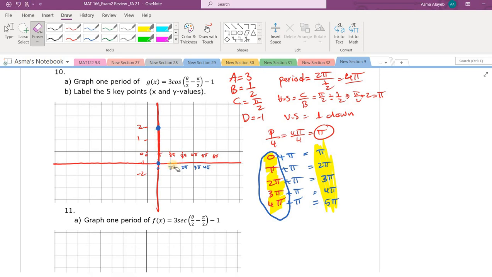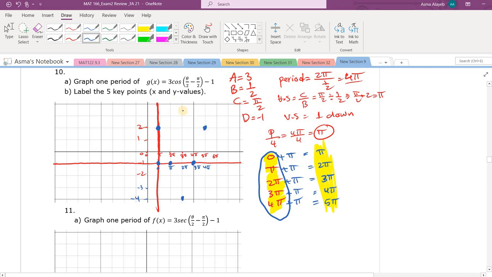And then I know that at π, it goes to 0. And then at 2π, it has to go 3 units down. So it's going to be here at -3, -4. And then at 3π, it has to be 0 again. At 4π, it has to go up to the same level as the first point.